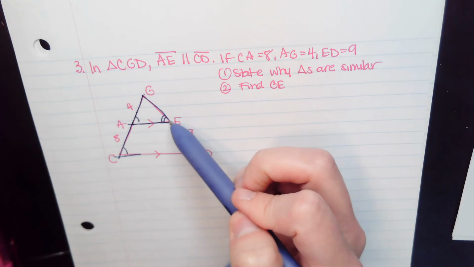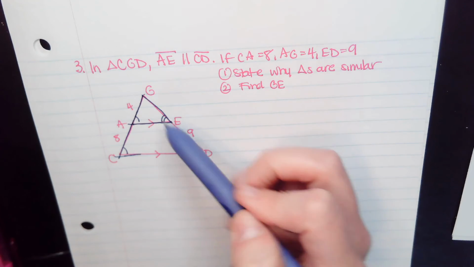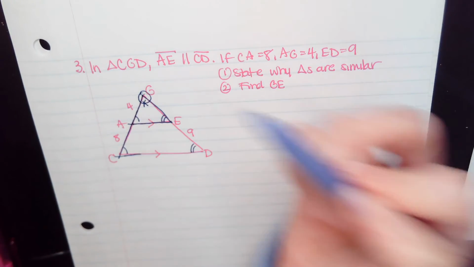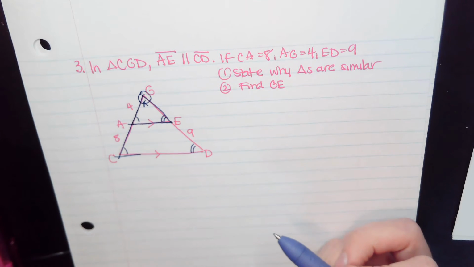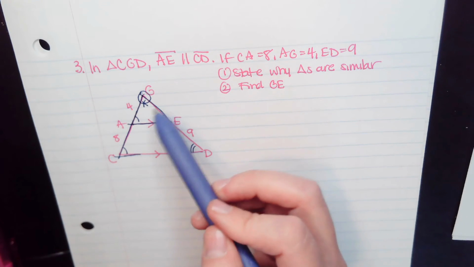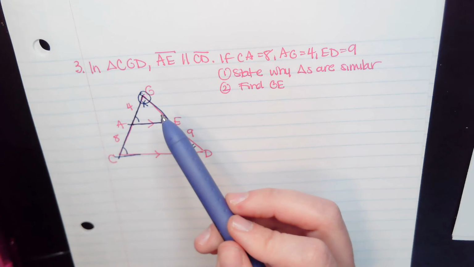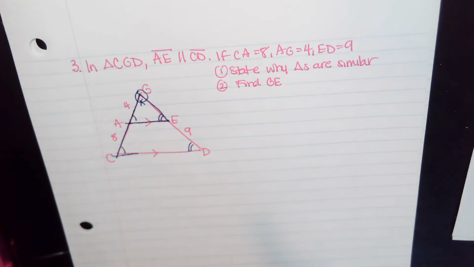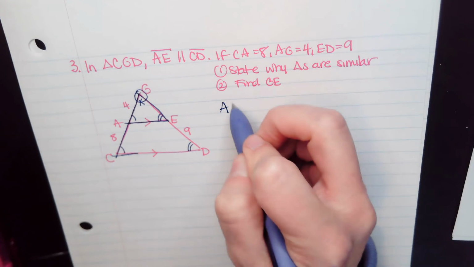Plus, this little triangle and the big triangle share this angle right here. So I can actually get all three angles in the small triangle congruent to all three angles in the large triangle. But I only need two angles in order to get the triangles similar to each other. So I know right off the bat that I can use angle-angle similarity.